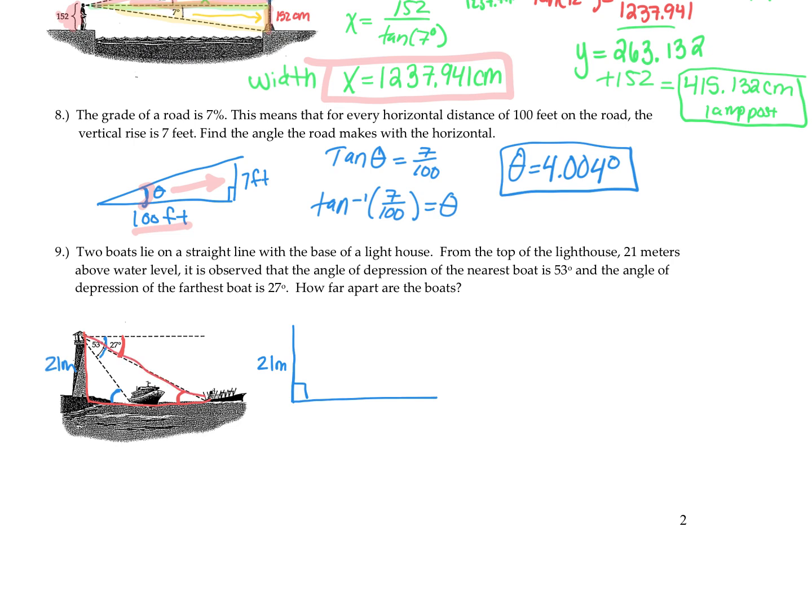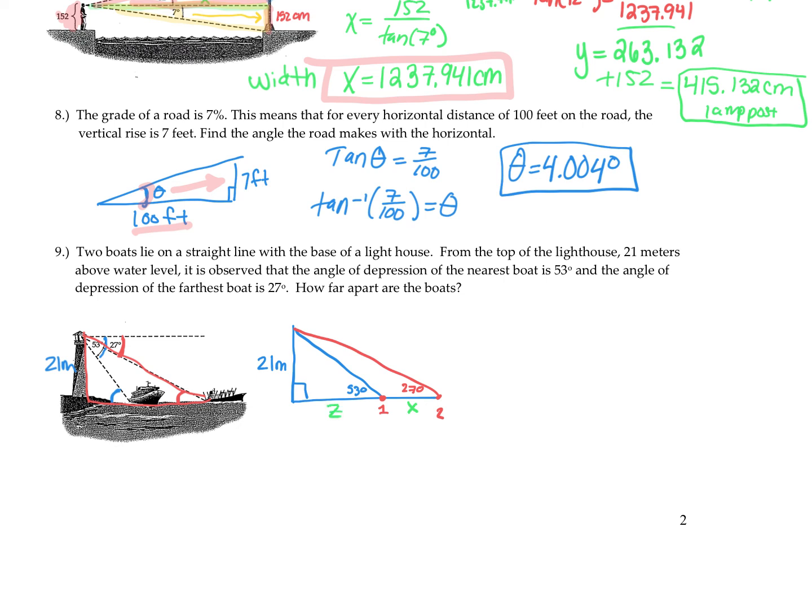I'm going to have one line going in, and then a second line going up. This is boat 1 and boat 2. We said that this is 53 degrees, and this is 27 degrees. They want to know how far apart the boats are, so I want to know this distance, x.